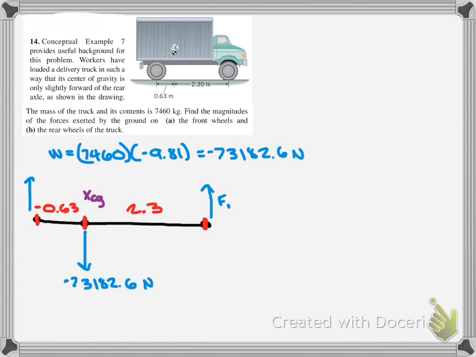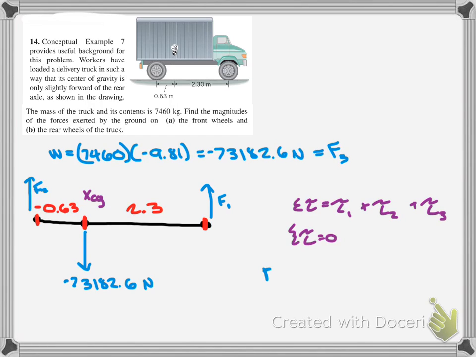And then that's your force 1, which is your front wheels, and your force 2, which are your rear wheels. And the reason they're pointing up is because it's the normal force that repels those negative 73,182.6 newtons. So let's say that those numbers are equal to F3. Okay, so we know that the net torque is torque 1 plus torque 2 plus torque 3, and also that it is equal to 0.